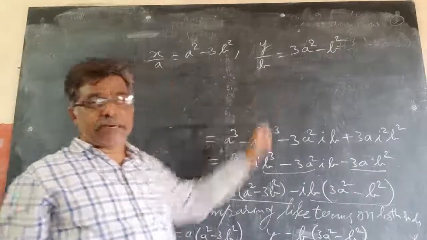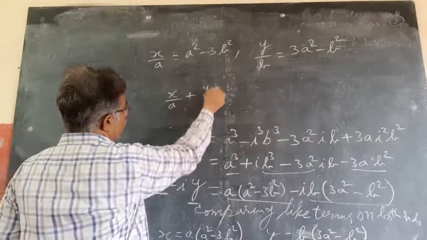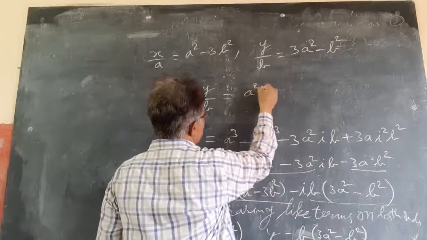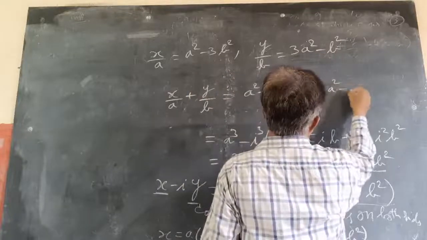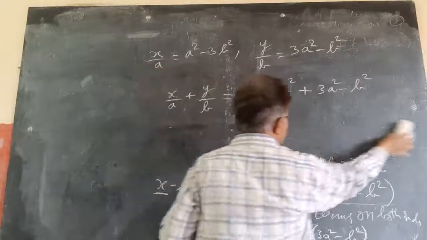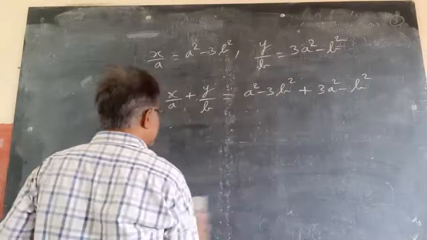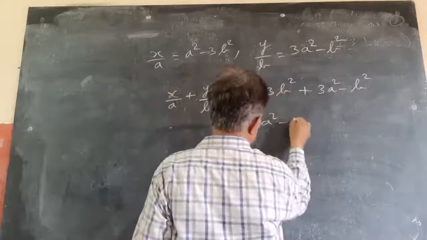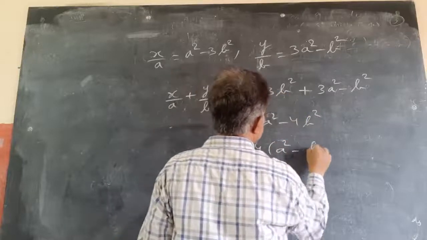We will get x/a + y/b = a² - 3b² + 3a² - b². So a² plus 3a² becomes automatically 4a², and minus 3b² minus b² is minus 4b². So by taking common, 4 into (a² - b²).